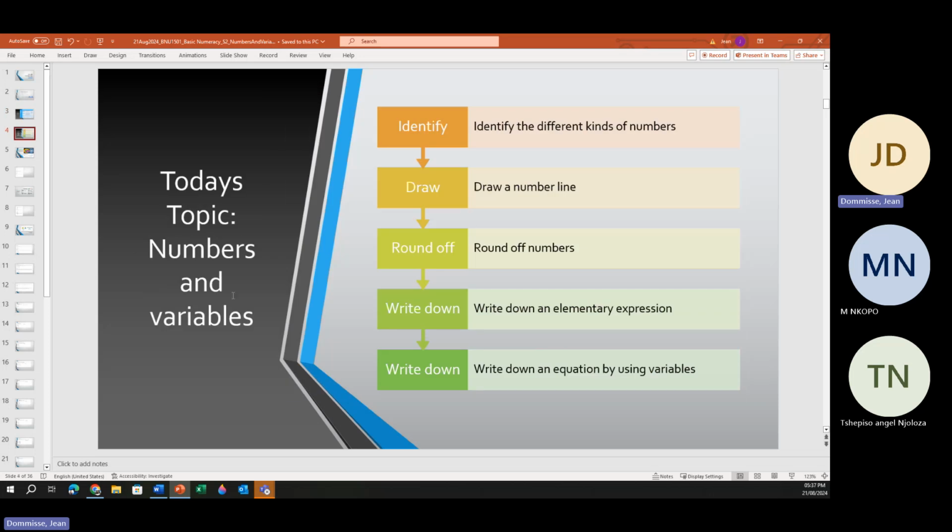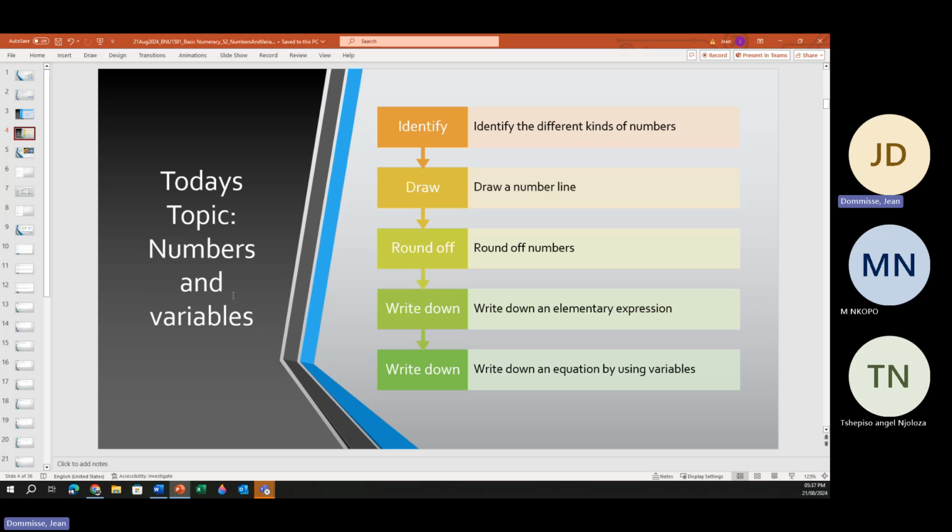And in that, there are a few things that we need to be able to do. We will need to be able to identify different kinds of numbers. They might ask you in the assignments and the exams about whole numbers, rational, irrational.